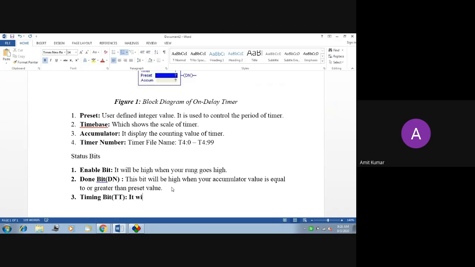It will be high when your accumulator value is less than the preset value. So these are the three status bits.